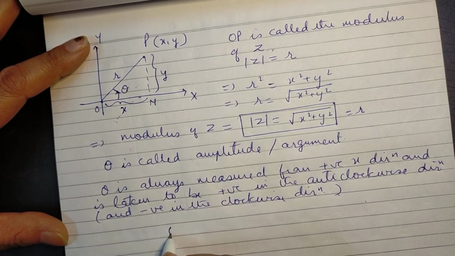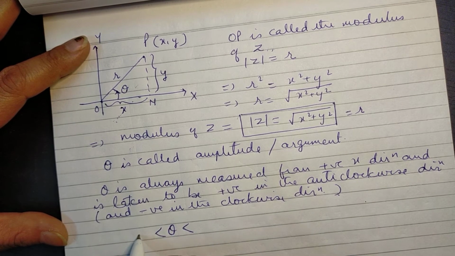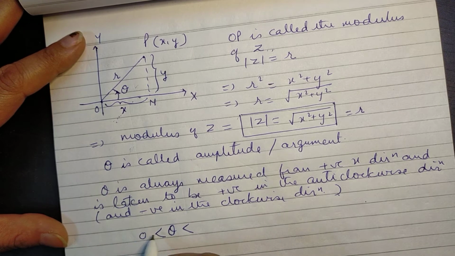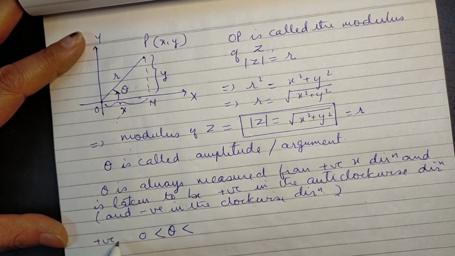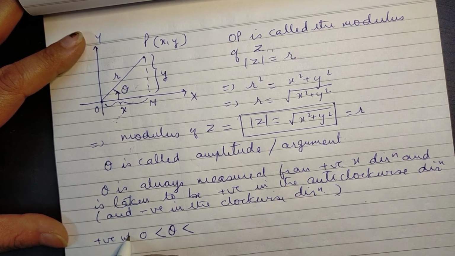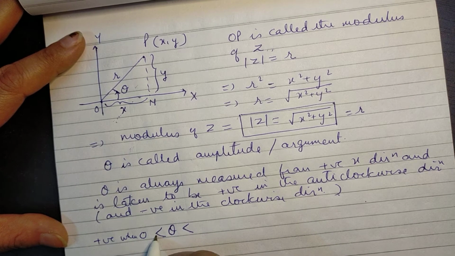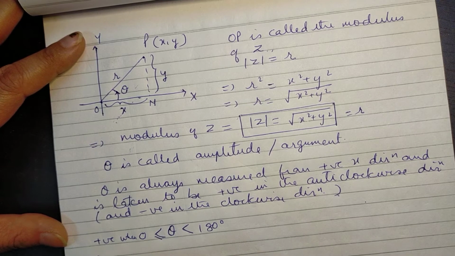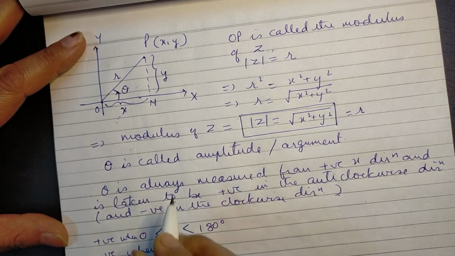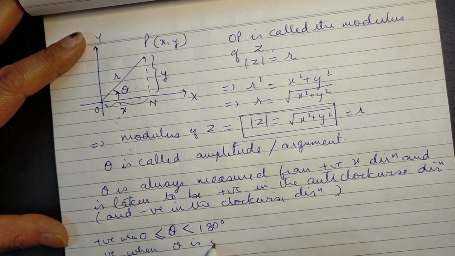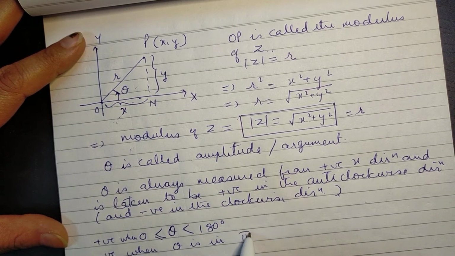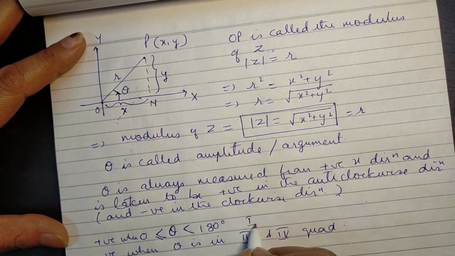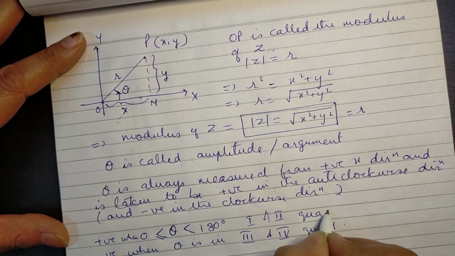So theta is positive when it lies between 0 and 180 degrees, and negative when theta is in the third and fourth quadrants. That is, in the first and second quadrant, it is positive.